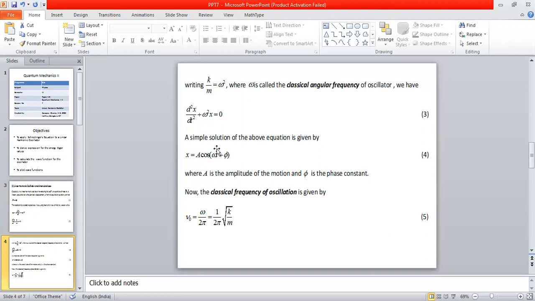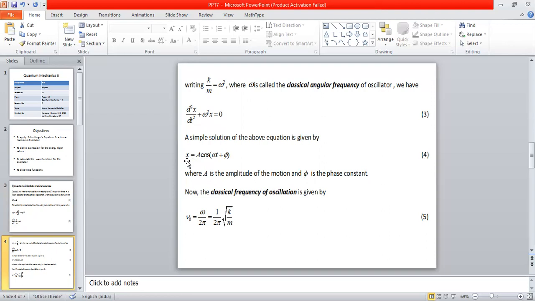It admits many types of solution, but a physically feasible solution is one which involves either a cosine function or a sine function. They are called harmonic functions, because these are always solutions of these kinds of differential equations. So one of the simple solutions of equation 3 can be written as x = A cos(ωt + φ).